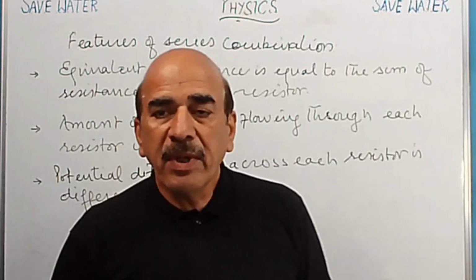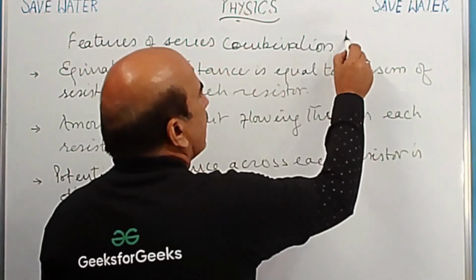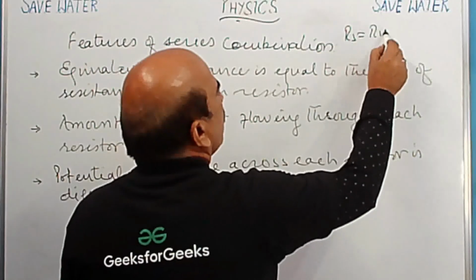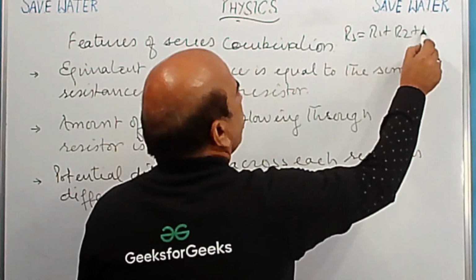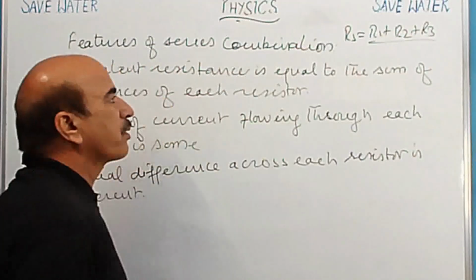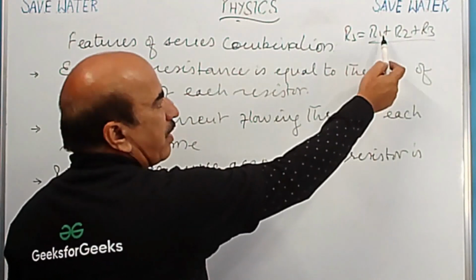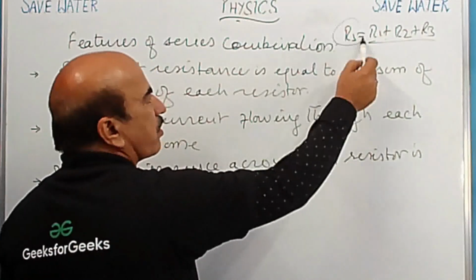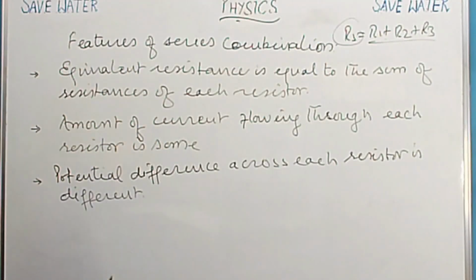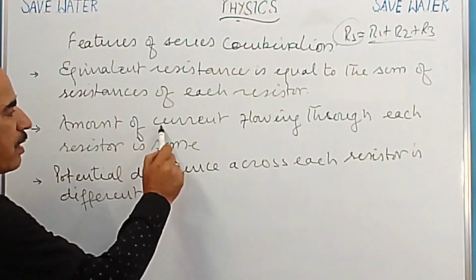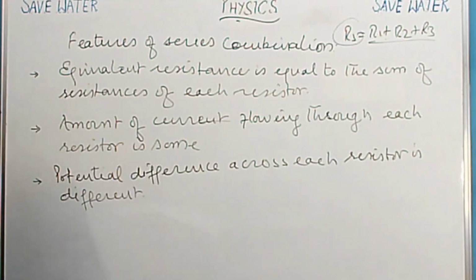Okay, so ये हमने पढ़ लिया ना कि RS जो है equivalent resistance, it is equal to sum of all the resistors connected in series. If we have three resistors, resistance of each is added R1 plus R2 plus R3, that is equal to RS.